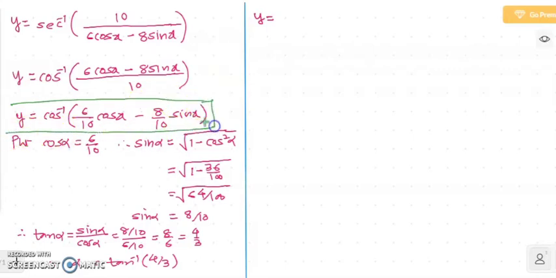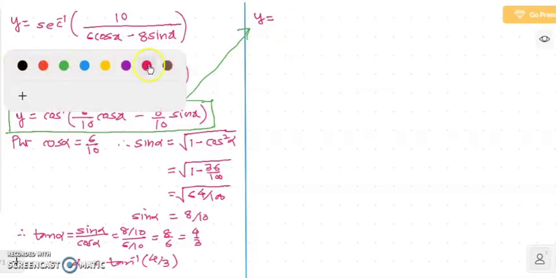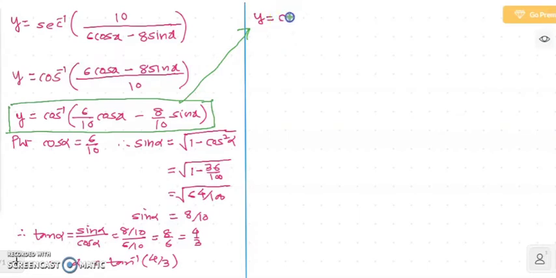We shall write this expression here as y is equal to cos inverse as it is of 6 upon 10 is cos alpha into cos x as it is, then minus 8 upon 10 is sin alpha into sin x.